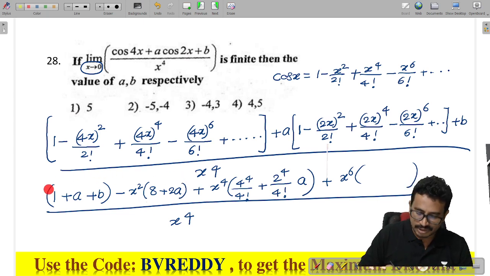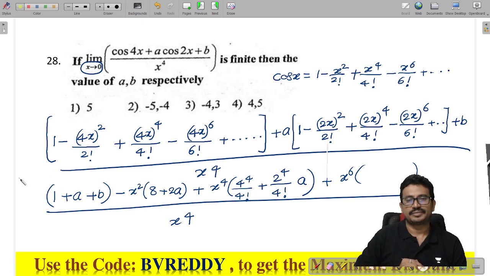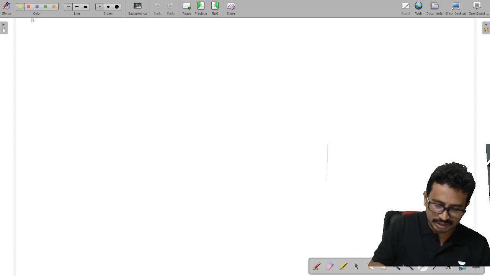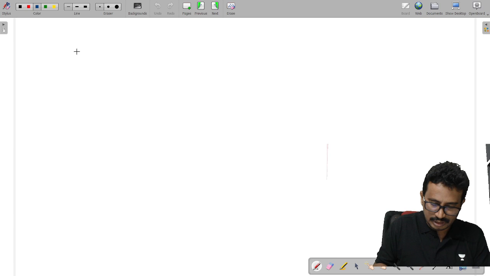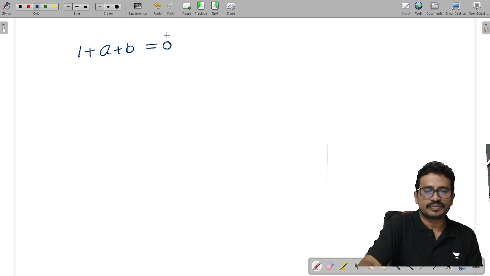Otherwise, if these terms are non-zero, then something divided by x power 4, with x tending to 0, will become infinite. Isn't it? So the conditions are: 1 plus a plus b must be 0.